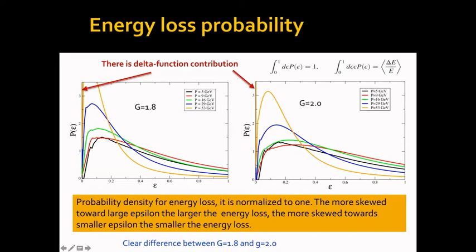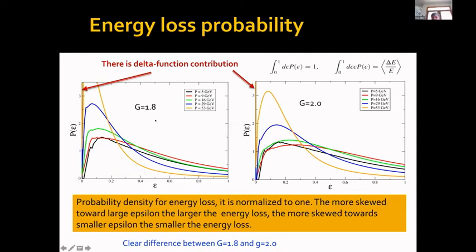Yeah, I'm getting there. So following this path of calculations, we can calculate the probability density. P of epsilon is the probability density, and epsilon is the energy fraction lost by the heavy quark due to multiple gluon emission. So we consider the process of multiple gluon emission.